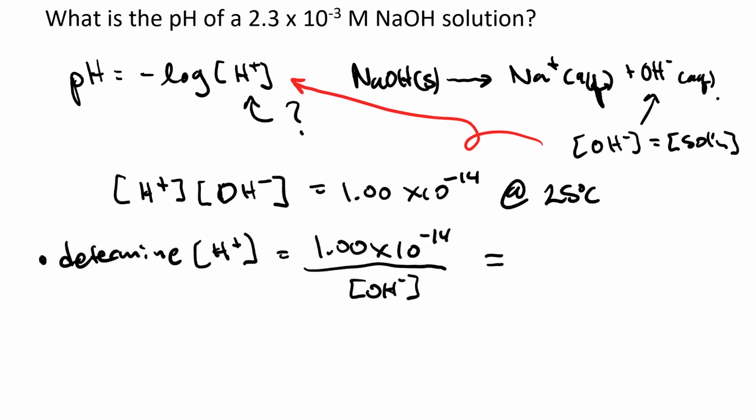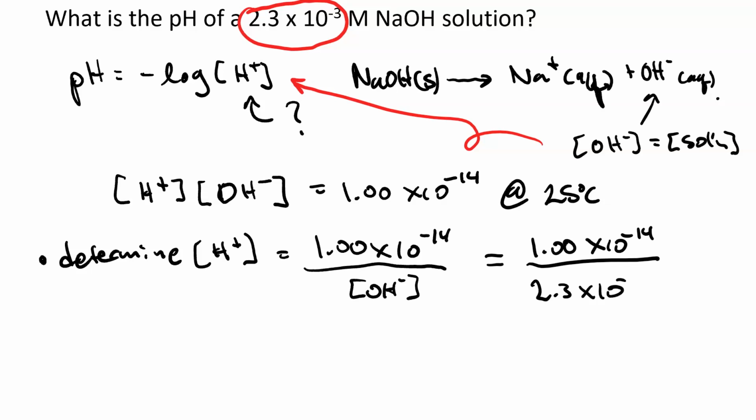So I can plug in some numbers. The H plus concentration is 1.00 times 10 to the negative 14th divided by 2.3 times 10 to the negative 3rd. That's the concentration of hydroxide. So that gives me that the concentration of H plus equals 4.3 times 10 to the negative 12th molar, which I can now plug into the pH equation.